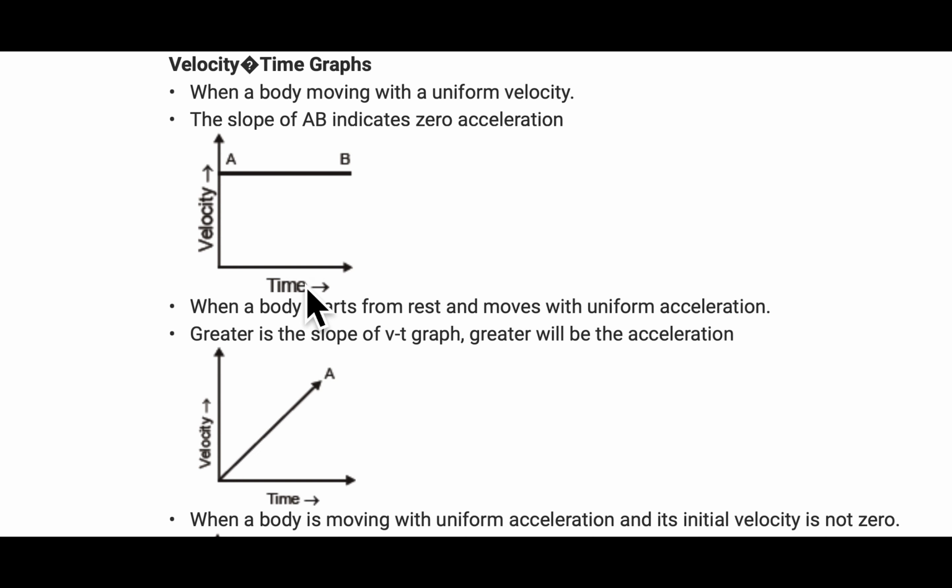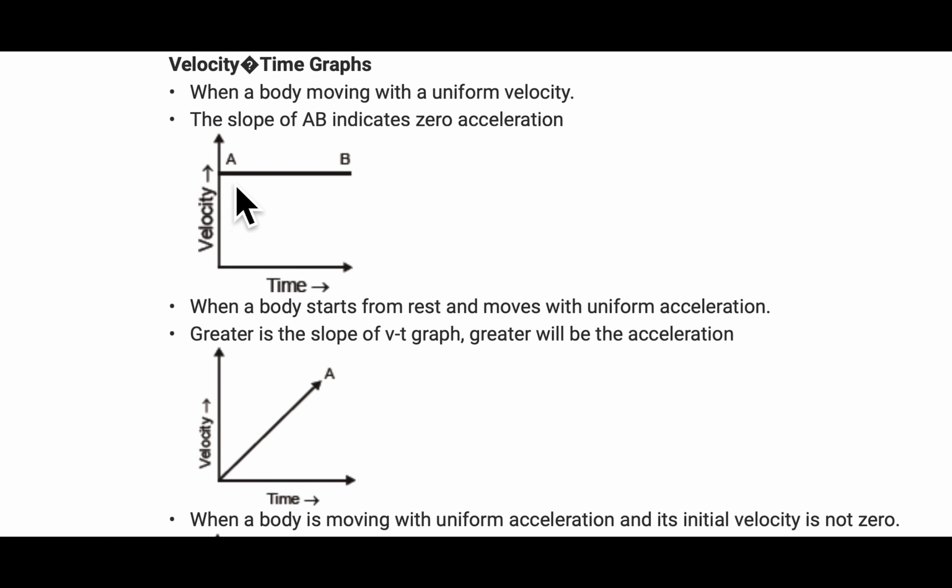The next type of graph is velocity time graphs. When we plot the graph between velocity and time, the slope indicates the acceleration. Suppose on x-axis I am taking time, on y-axis we take the velocity.